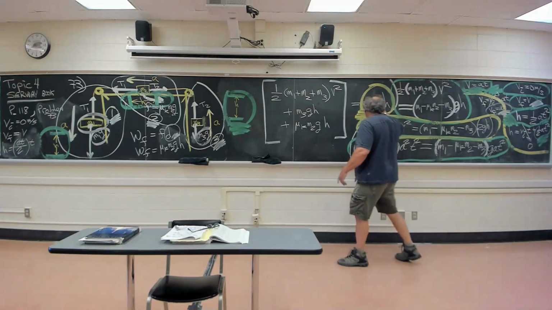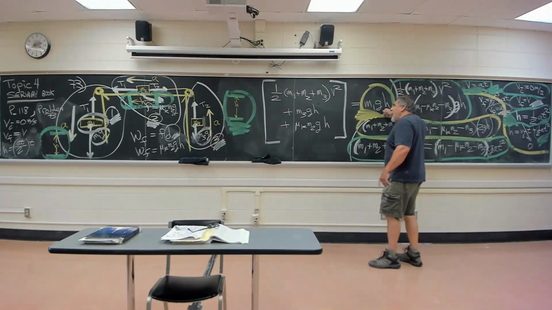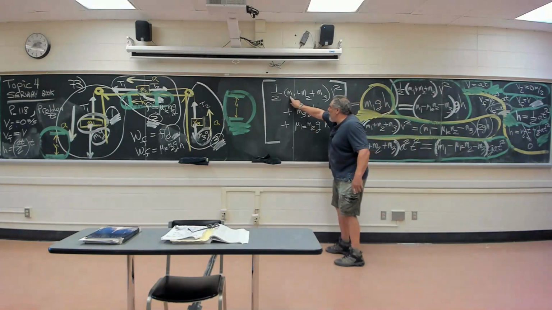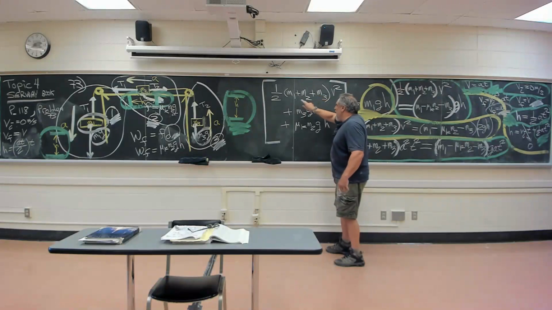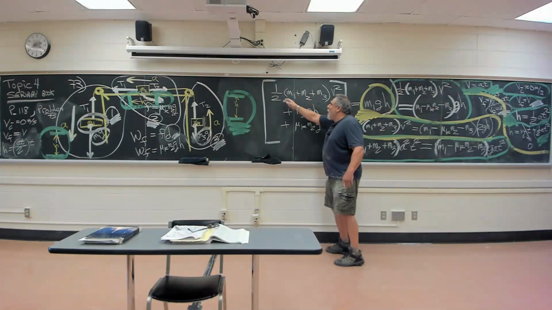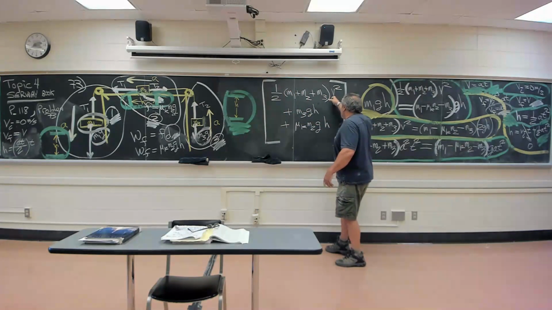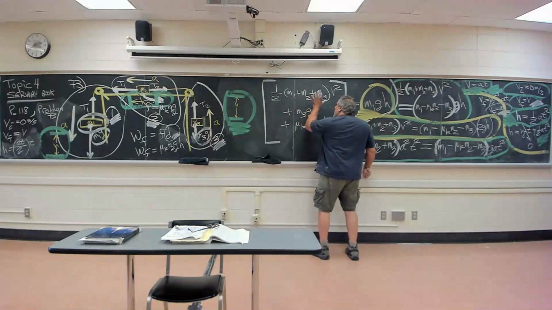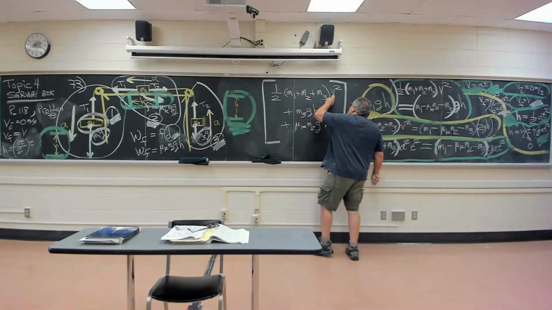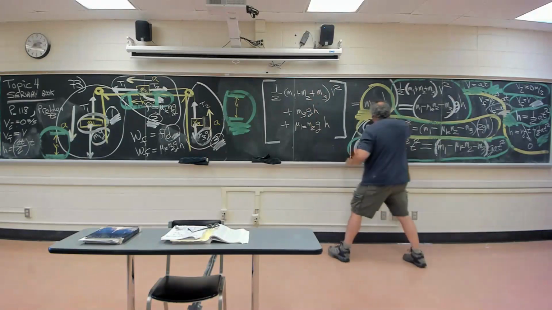First of all, after it fell a distance h, it took a time t to fall a distance h. At that moment of time t, when this guy fell a distance h, everybody attached to one another, m1 plus m2 plus m3, has 1/2 mass times the magnitude of velocity squared. 1/2 times the total mass times the speed squared is the kinetic energy that the system has after this fall.